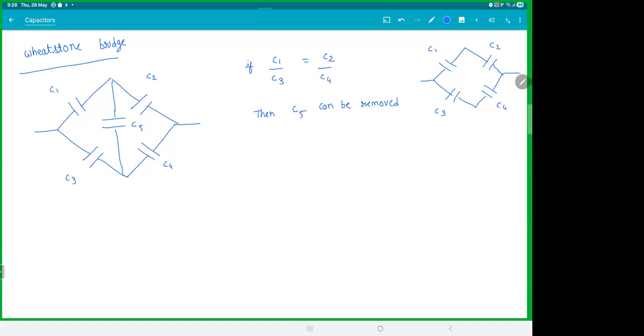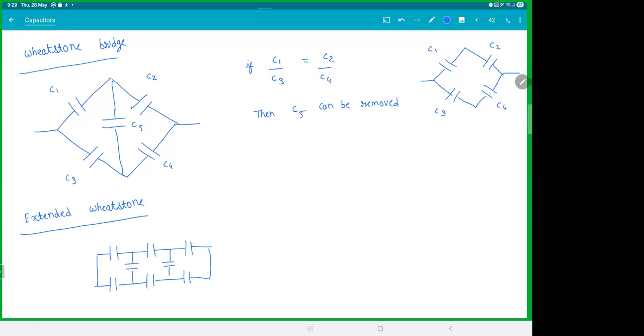Now you can create an extended Wheatstone bridge. Suppose you have a scenario like this: C1, C2, C3, C4, C5, C6, C7, C8.